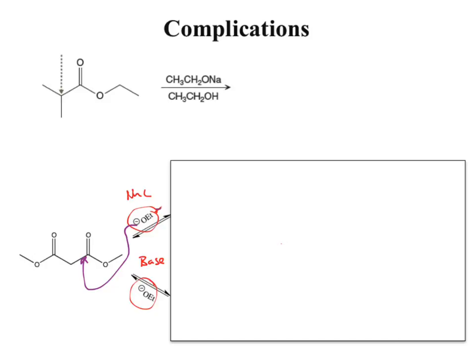Or, based on the structure I've got drawn here, we had a different leaving group, which means our structure changes. So instead of starting with one starting material, I'm now starting with the potential for 3 or 4 different electrophiles. Is that a good thing?